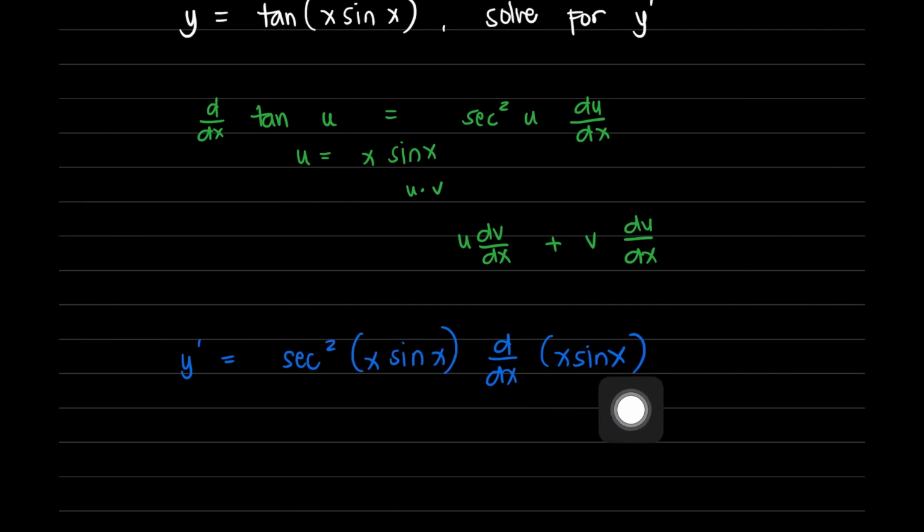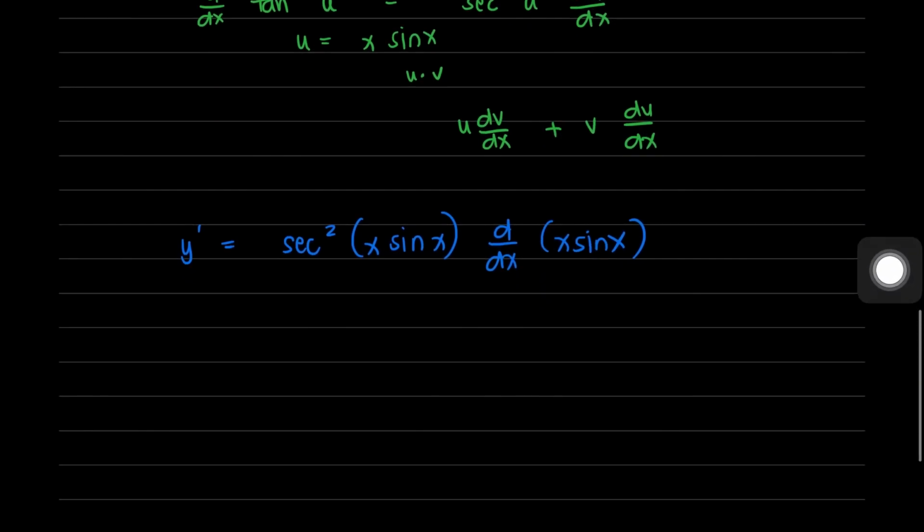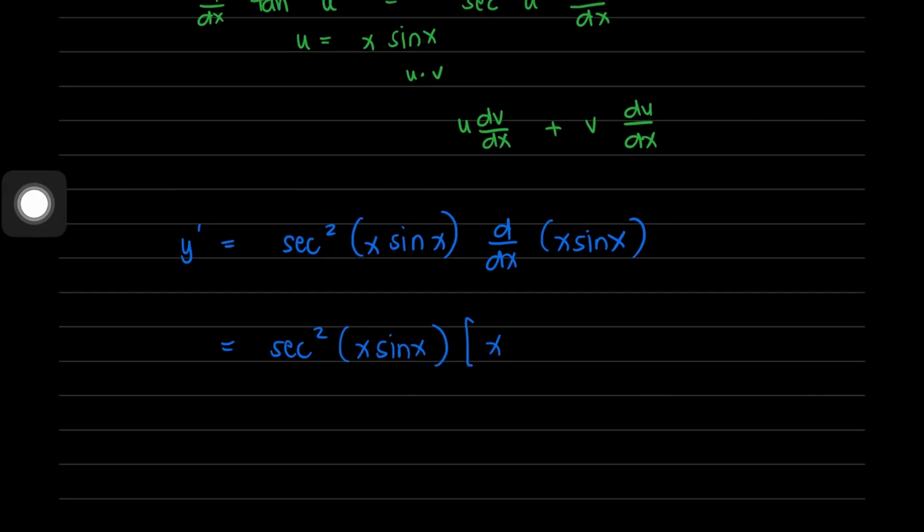Now, this x sine of x is in the form of u multiplied by v, so solving for the derivative of x sine of x, this is now equal to secant squared of x sine of x multiplied by the derivative with respect to x of sine of x plus sine of x multiplied by the derivative with respect to x of x.